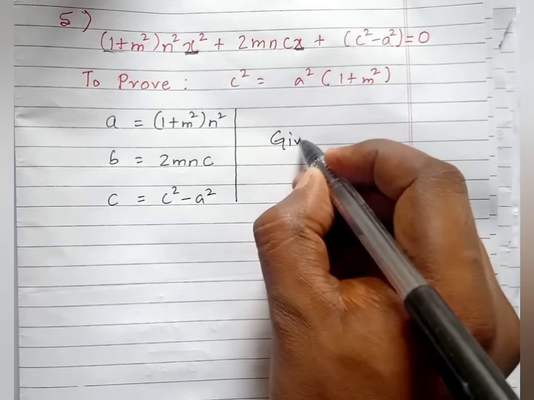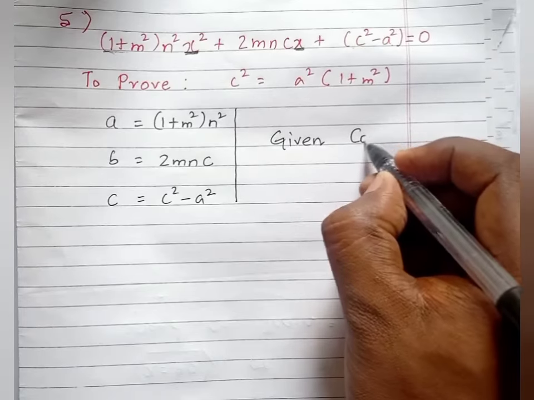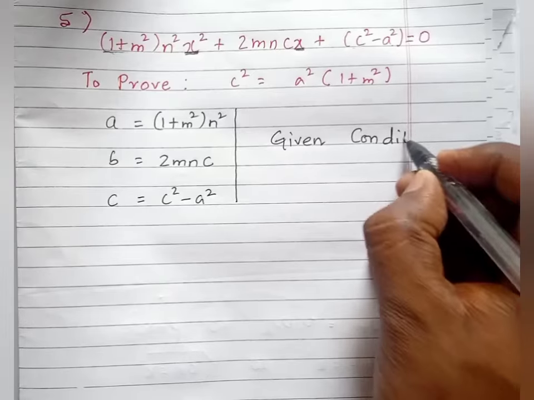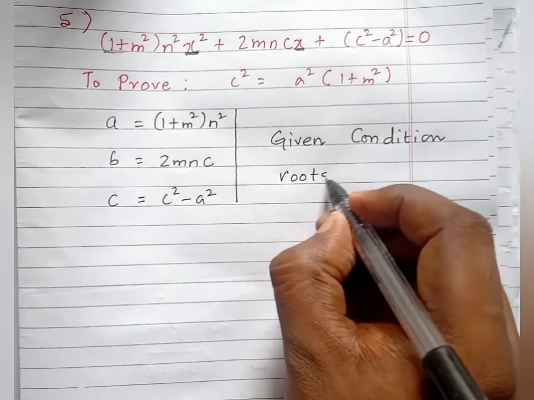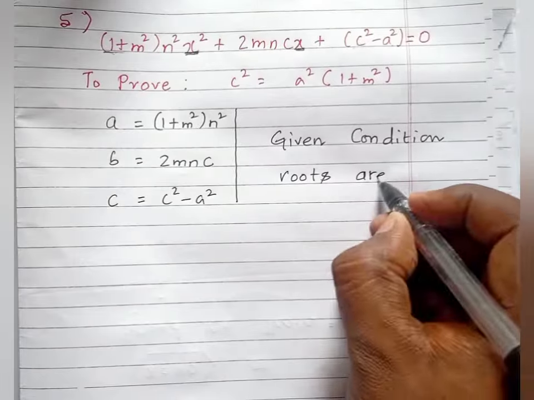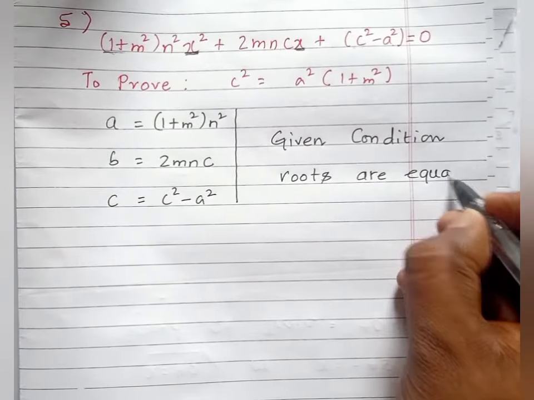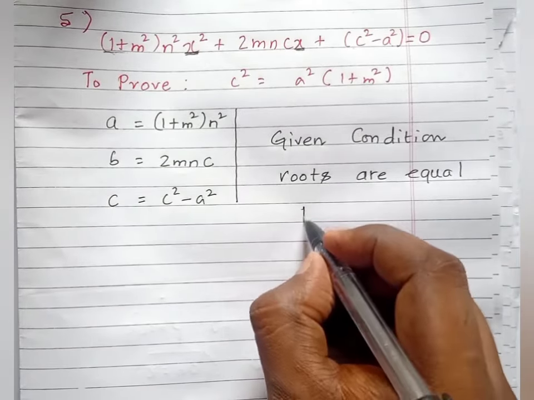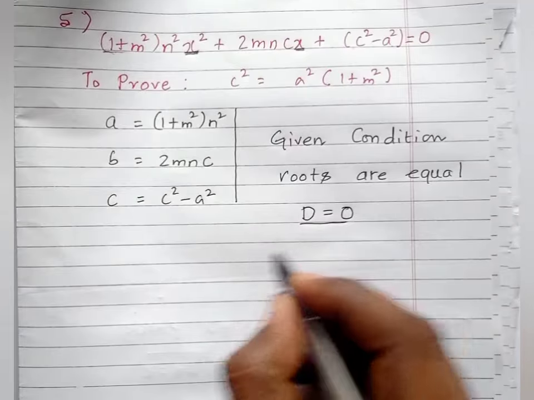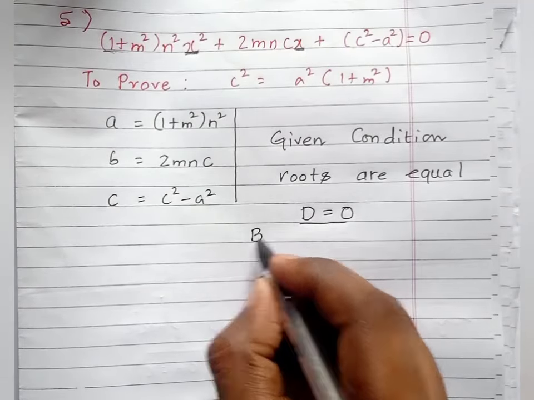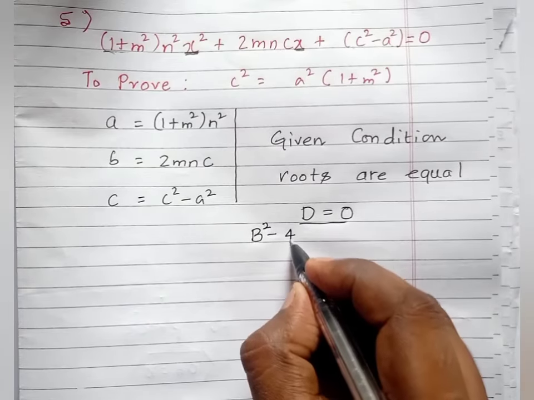Now the given condition is that the roots are equal. When the roots are equal, discriminant capital D or delta equals 0. The given condition, roots are equal, so discriminant equals 0. Discriminant is b square minus 4ac.